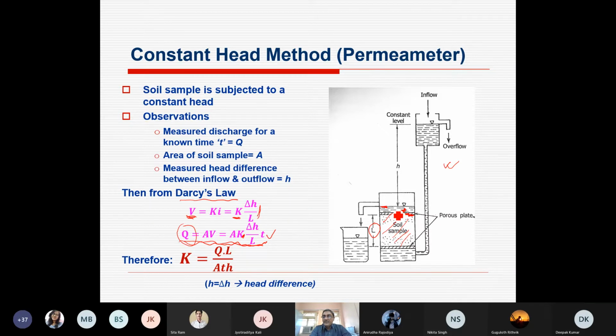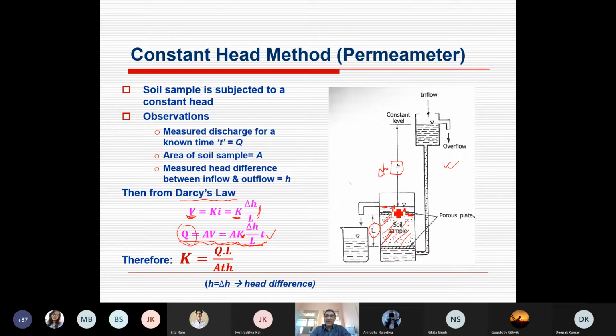If we take the difference between the applied head, because of which water is flowing through this sample, and the outflow condition in terms of head, we get delta H. That is the head difference because of which flow is taking place through this soil after saturation. And we know L, the length of the soil sample.